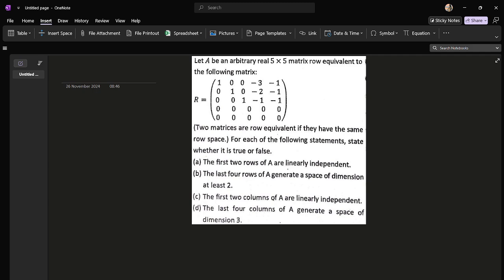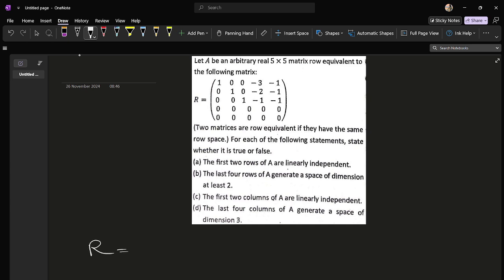So the options are: the first two rows of A are linearly independent. We can take this matrix also. They told us that the first two rows of A are linearly independent.